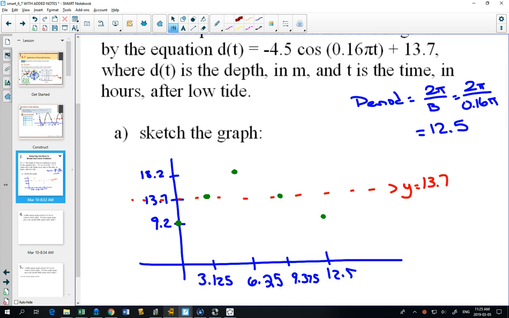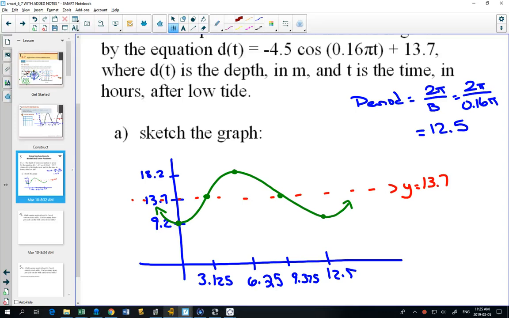Since there's no shift in this one whatsoever, we can draw this as the final graph right away. So we've got our graph.